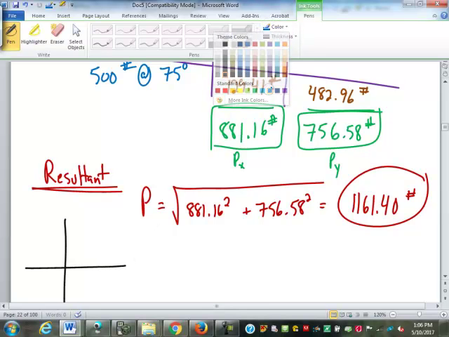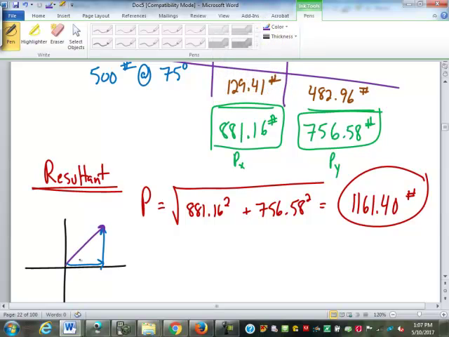Now both of those results are positive. Positive 881, positive 756. So what I get for my reference angle is actually going to be my angle here. My reference angle is going to be the inverse tangent of py, 756.58, over px, 881.16.